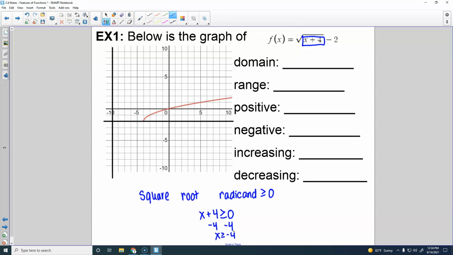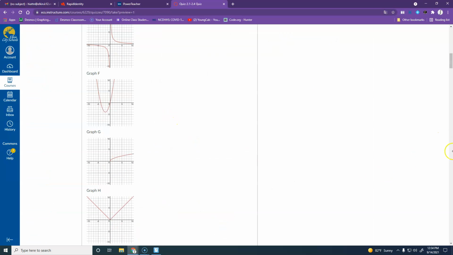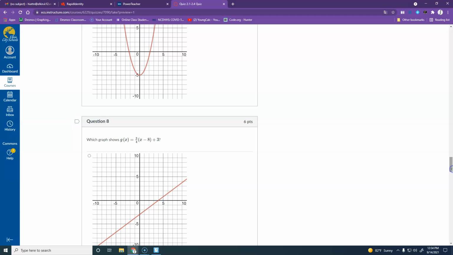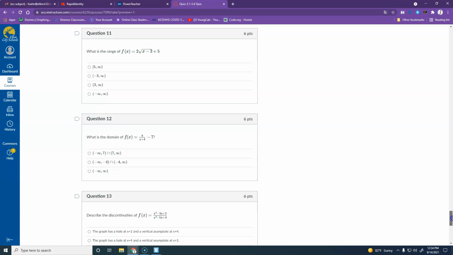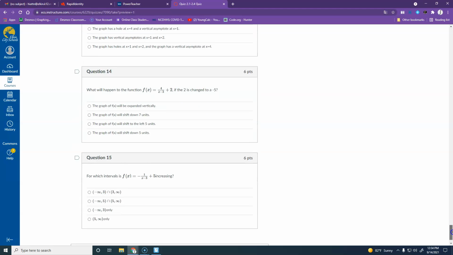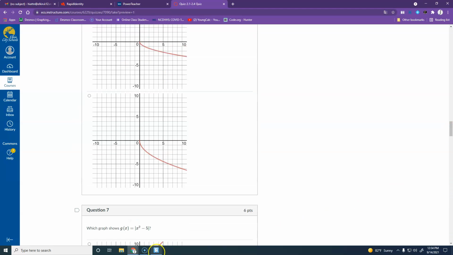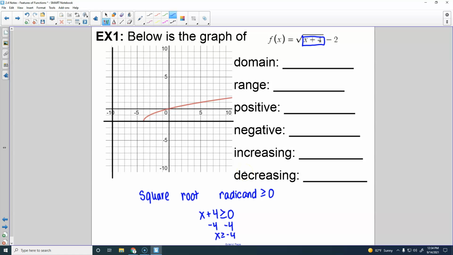Let me look real quick at the quiz and see if I used interval notation. Yeah, it looks like I used interval notation. So you could write it as x is greater than or equal to -4, but I used interval notation.